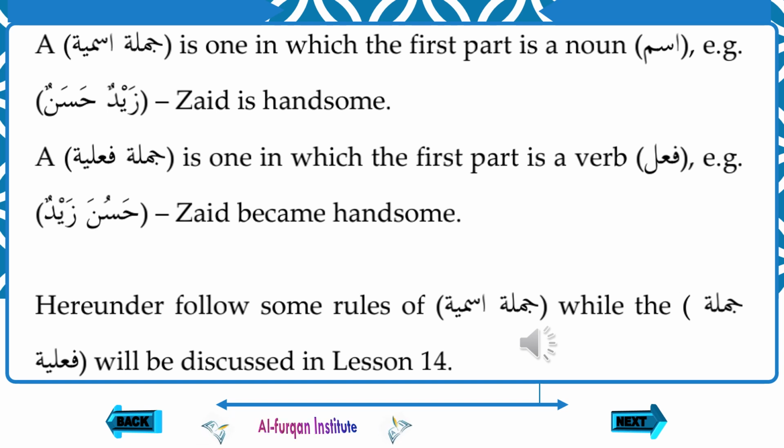And the first one is Zaydun Hasanun, Zayd is handsome. And the second one is Hasuna Zaydun, then Zayd became handsome, or Zayd was handsome. So in Arabic, the meaning of is or was can be understood without needing an actual word like is.